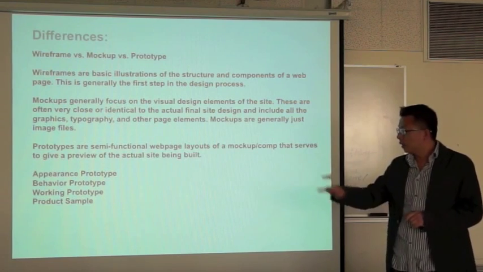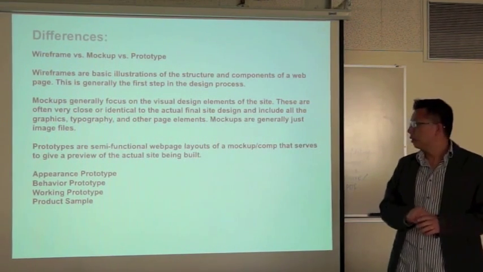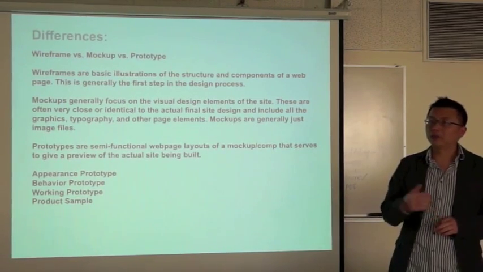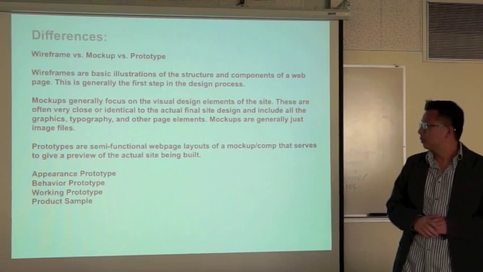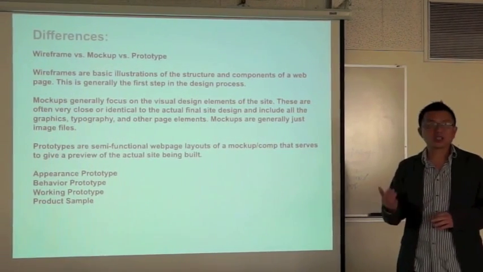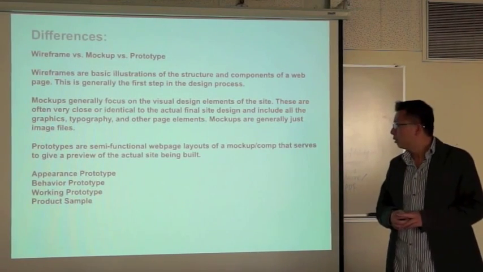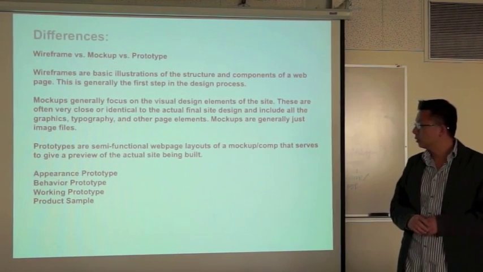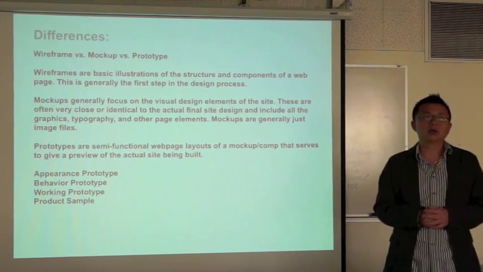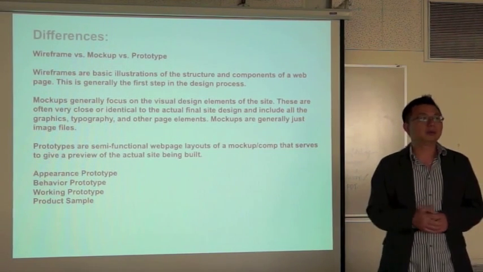We also categorize prototypes into appearance prototype and behavior prototype. Appearance is the one that only has an appearance. A behavior prototype has all the functions, all the features, but may not look exactly like the product. Or a working prototype has all the features and also looks like it. Or a small quantity of product samples.